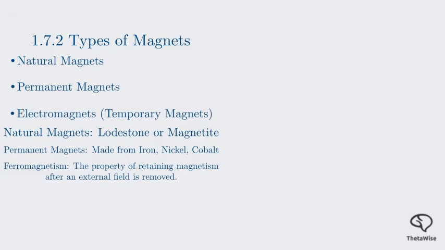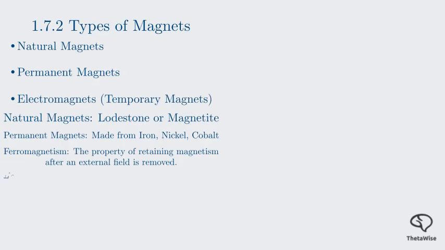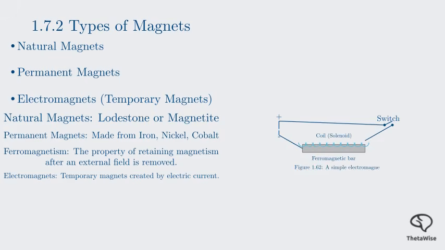Finally, we come to the most important type for our study of electrotechnics: the electromagnet. An electromagnet is temporary. It gets its magnetic field from an electric current. As soon as the current is turned off, the magnetic field disappears. Here's a simple diagram. A coil of wire, called a solenoid, is wrapped around a ferromagnetic bar.